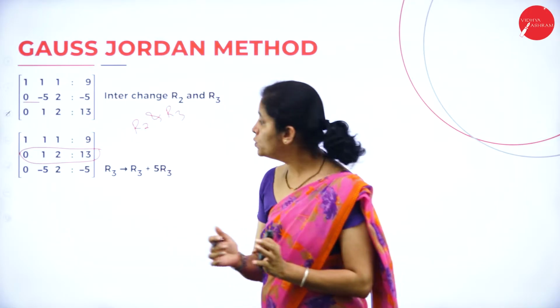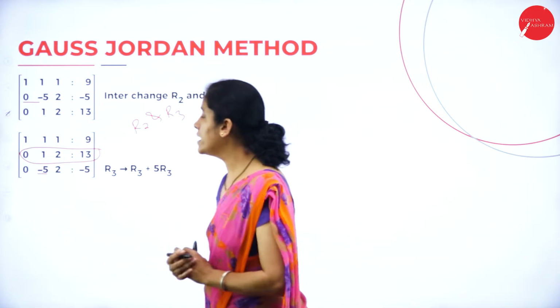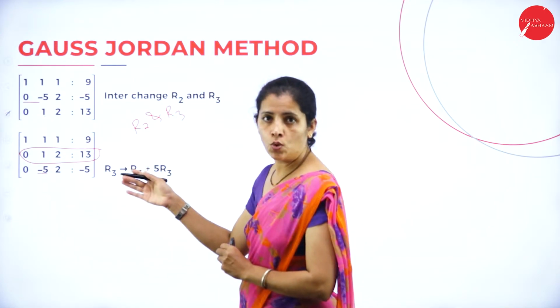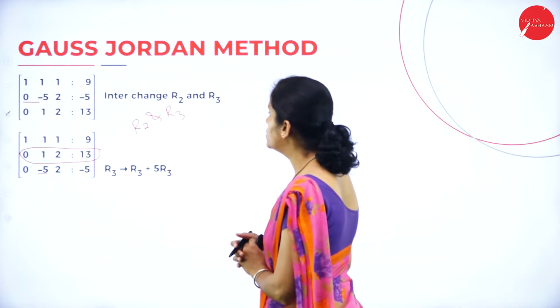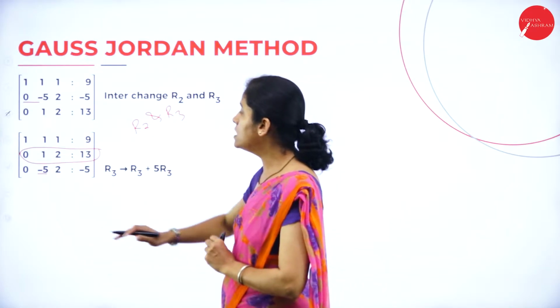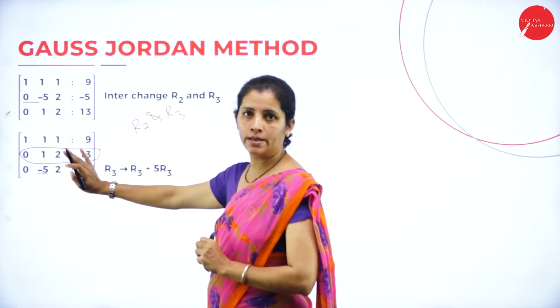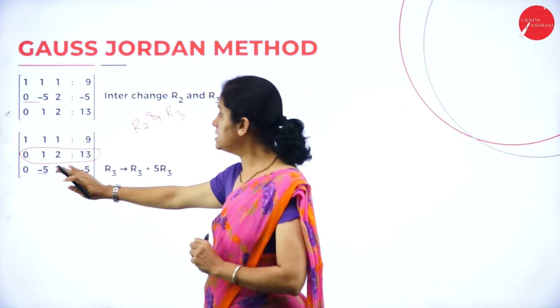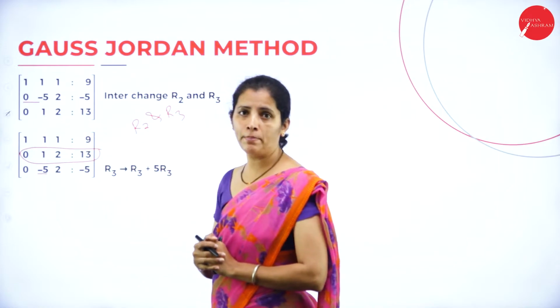Now I want to make this element 0. To make that element 0, I'm going to consider row 2 and row 3. Suppose I consider row 1, what's going to happen?